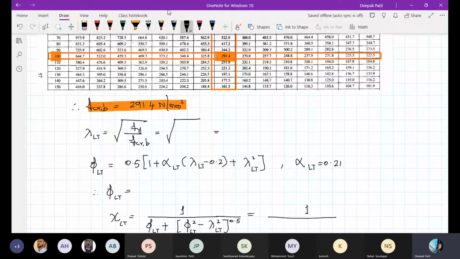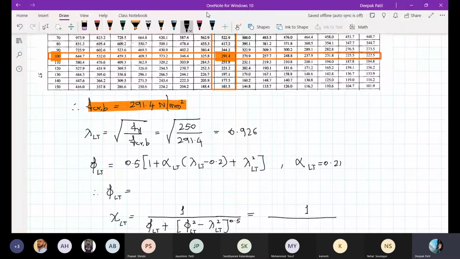The yield stress of the material is 250, and FCR,B I just noted down is 291.4. Based on this, I can calculate that and it is coming out to be 0.926.